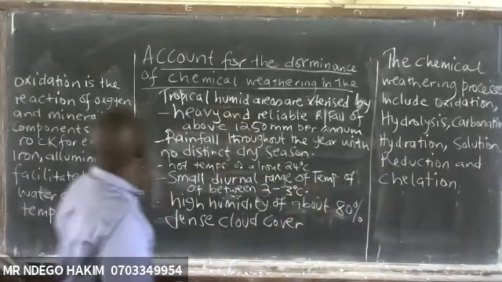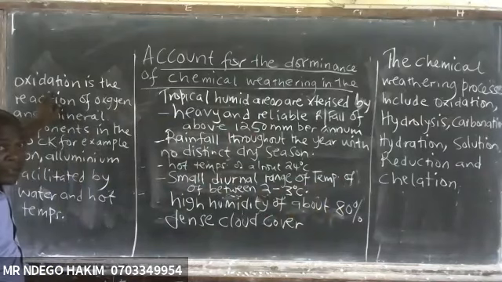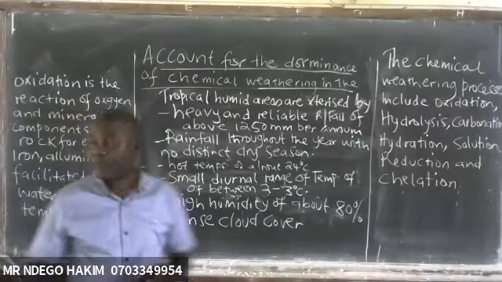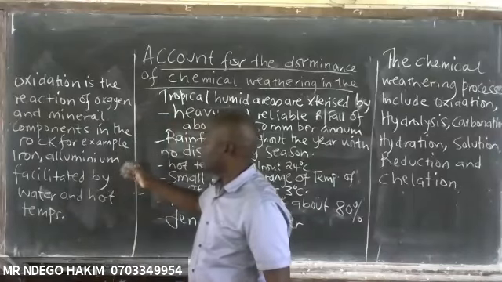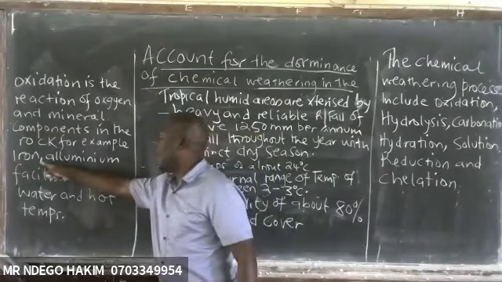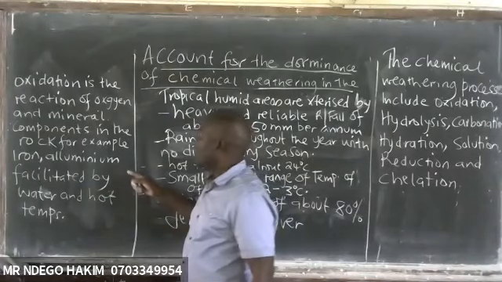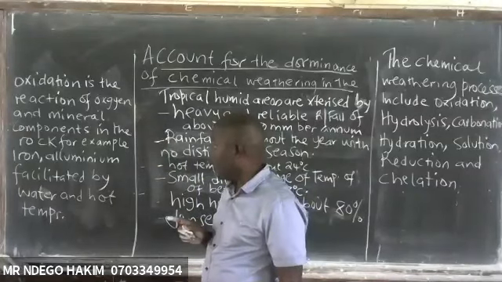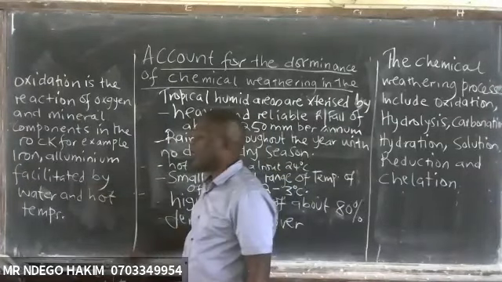You just say oxidation, this is the first one, is the reaction of oxygen and mineral components in the rock, for example iron and aluminium. It means if a rock has mineral components like iron, aluminium, these mineral components react with the oxygen, and this is facilitated by water and hot temperatures.